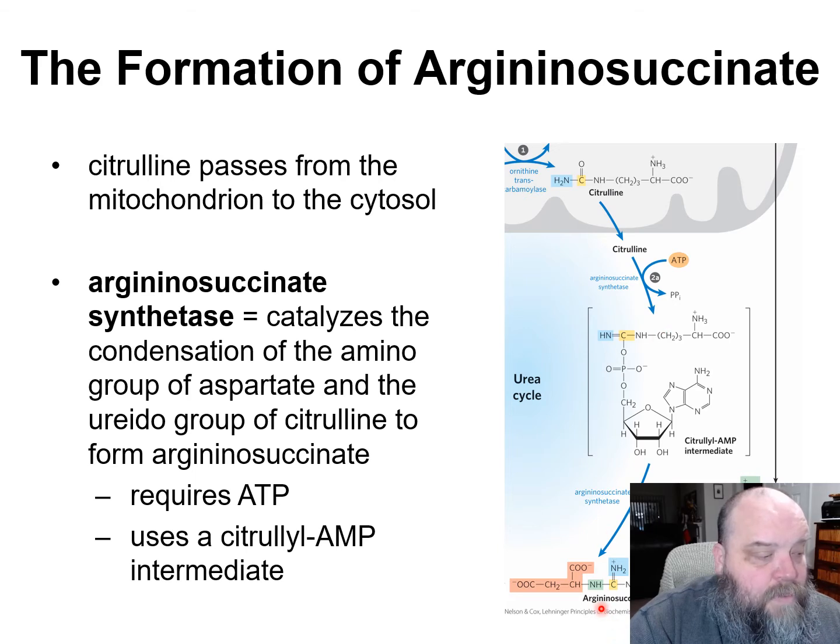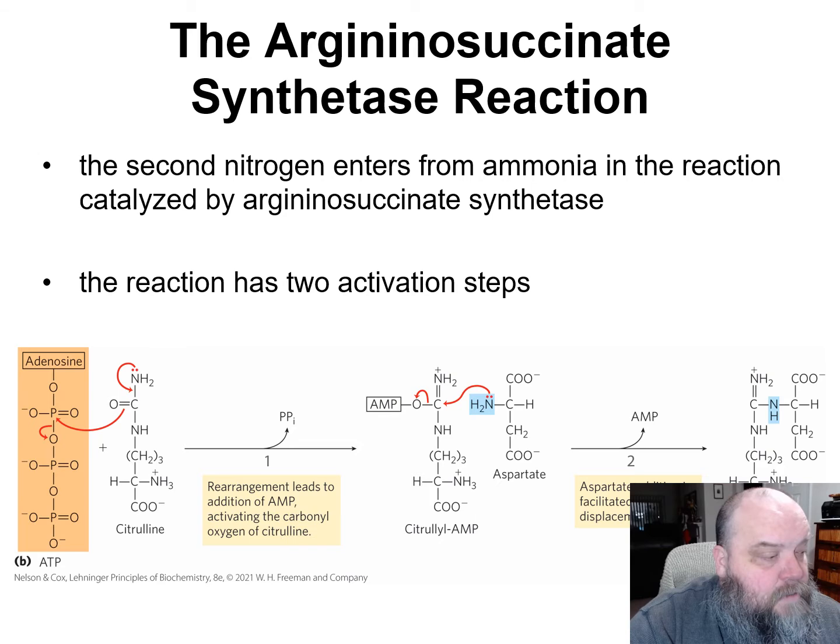So what you end up with is what is referred to as argininosuccinate. Argininosuccinate is an 11 carbon skeleton with some inserted nitrogens and an amino and a carboxyl functional group on the side.